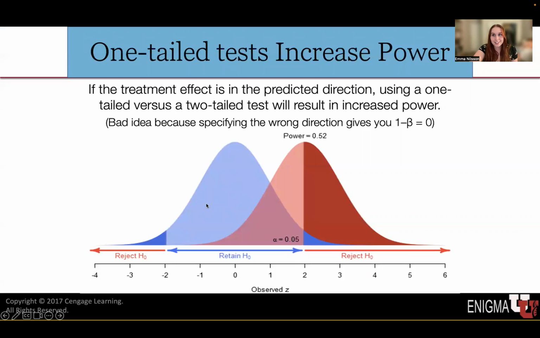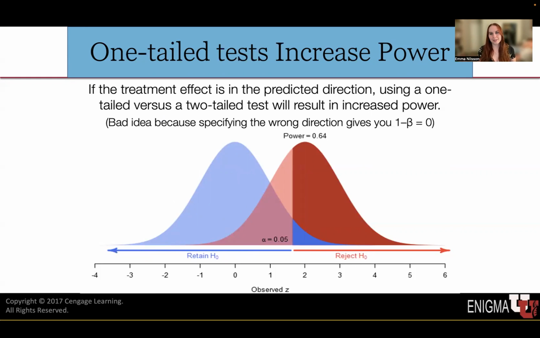If you hypothesize that you're going to have a positive effect, and so you put your tail on that side, but it turns out that you actually have a negative effect, your power is actually going to be 0 because there's no way to essentially reject the null hypothesis because you don't have any data pointing that direction.